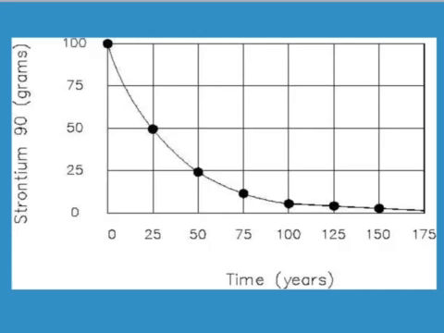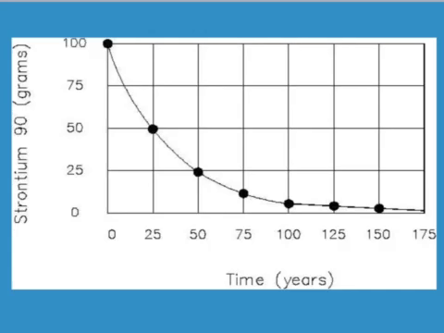The next question. After 2 half-lives, how much of the material has decayed and how much is left? We started out with 100%. We now have 25%. So 75% is decayed, 25% is left.